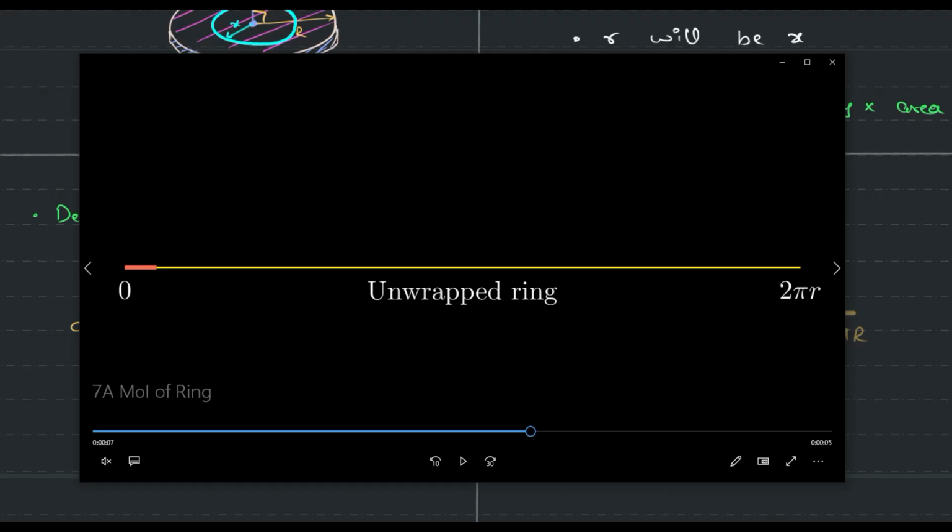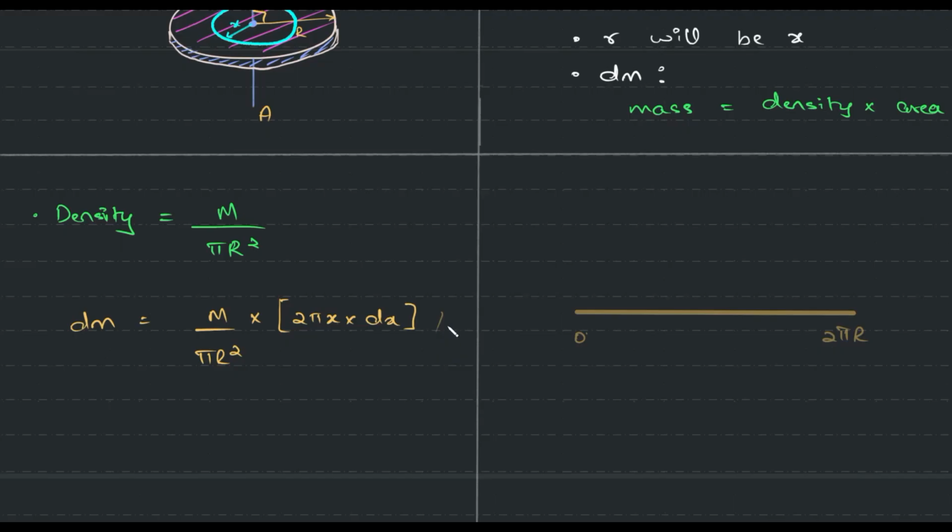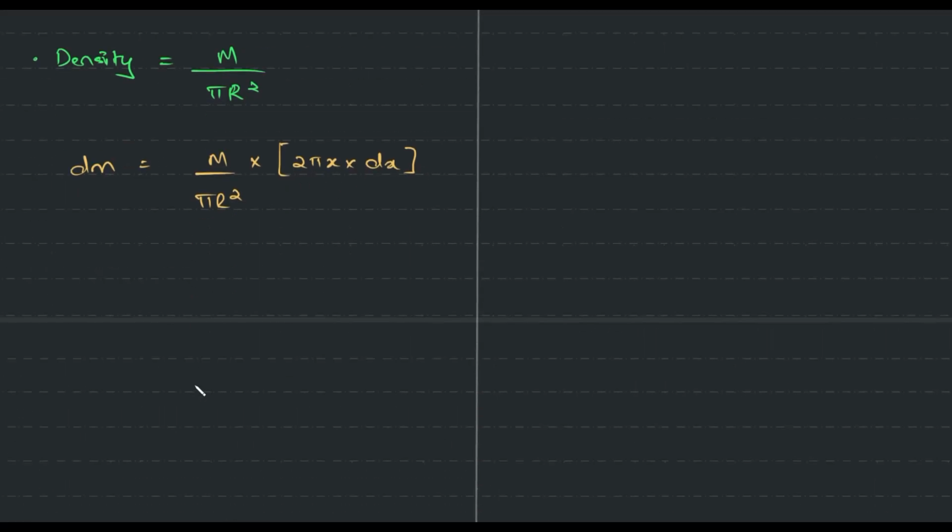So this is a very thin ring, and the width is represented with dx. So basically this is length into breadth, that gives us area. So we have pi and pi getting cancelled, and let me not continue this further. You can imagine me simplifying this.